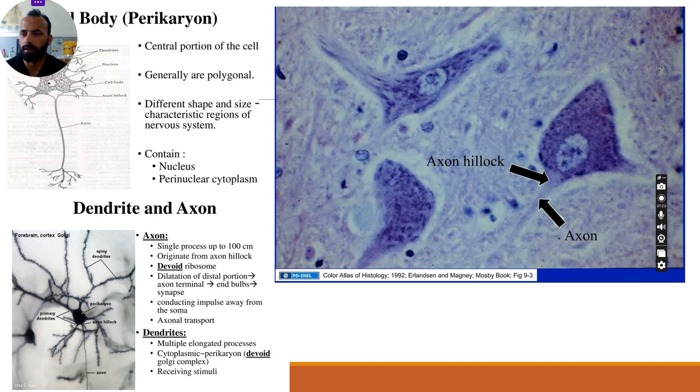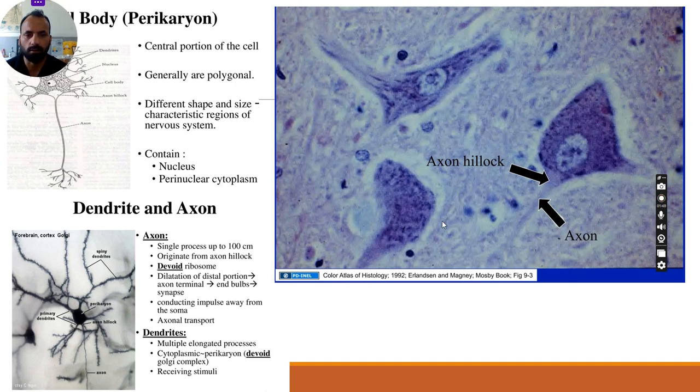It will contain the cell organelles, the nucleus, and the cytoplasm, like other cells. Then the main process is the axon, a single process arising from the soma. Then the dendrites are small processes arising from the soma. You call them primary dendrites, and from the primary dendrites you have small spiny structures. You call them spiny dendrites.